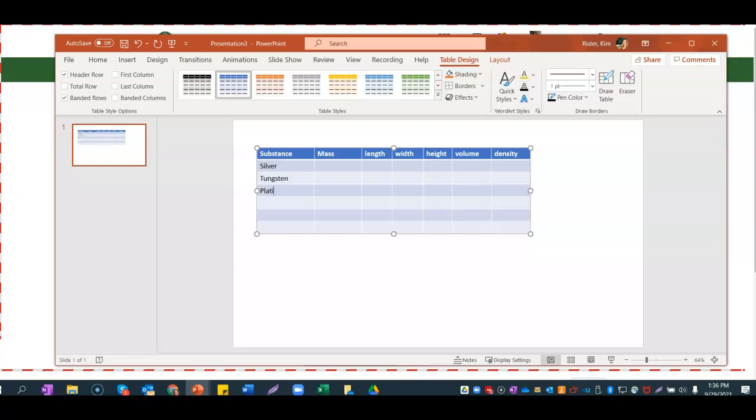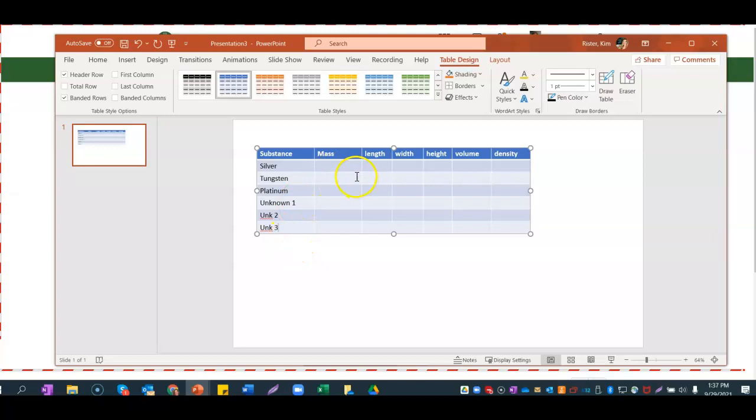You may know platinum because it's common. Jewelry is made out of platinum. Silver, jewelry is made out of some silver. And then we have unknown 1, and then I'm just going to put UNK 2, unknown 2, and unknown 3.